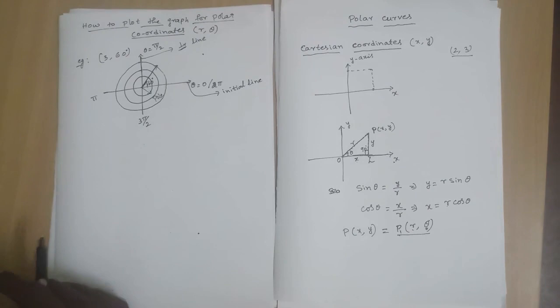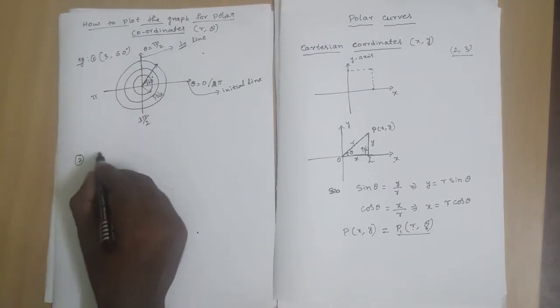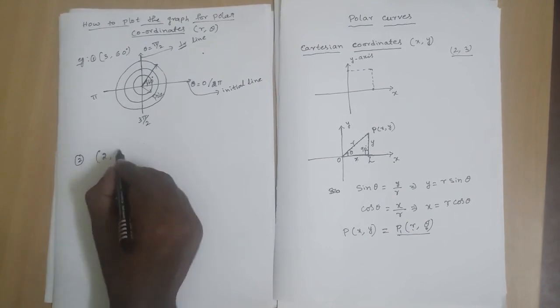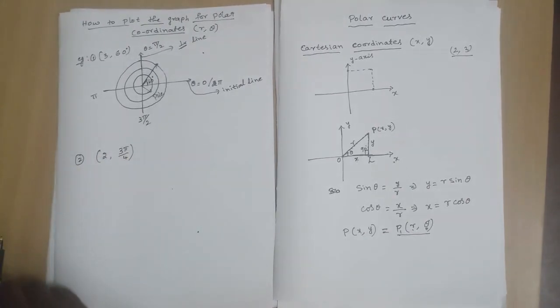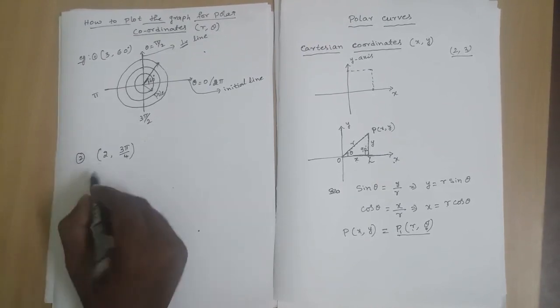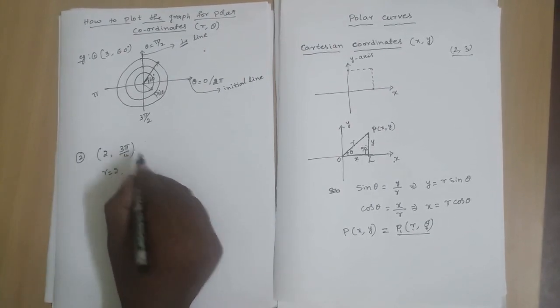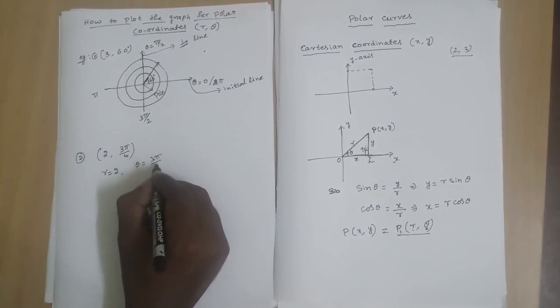Now the second one, I'll take another example: 2 comma 3 pi by 4. So r is equal to 2 and theta is 3 pi by 4.